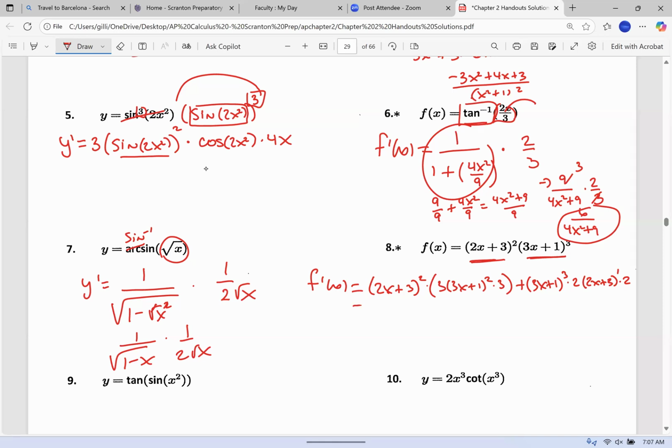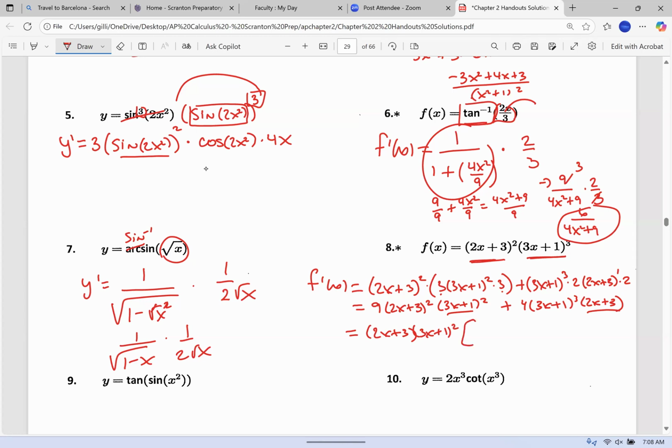I do have to clean this one up. So 3 times 3 is 9. I'm just going to squeeze the first half together as well as the second half together. And this is where factoring is the name of the game. I'm going to factor out that 2x plus 3 to the first and a 3x plus 1 squared.